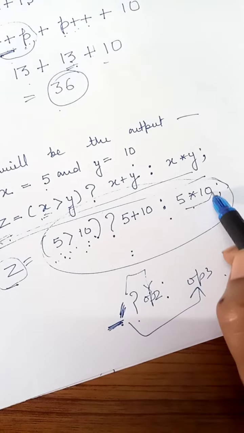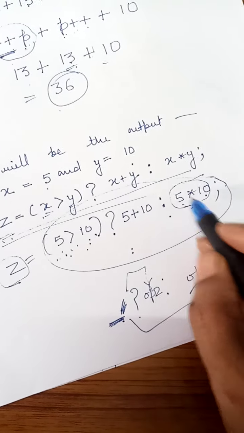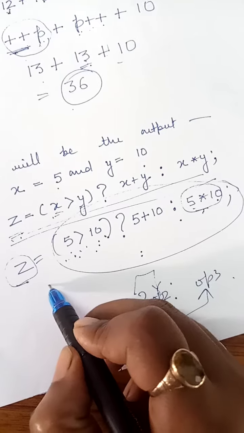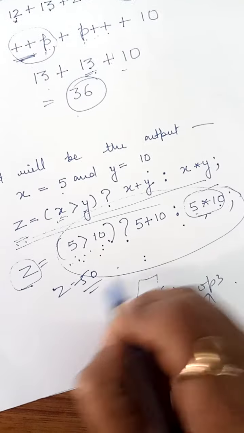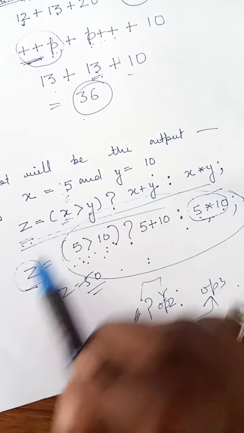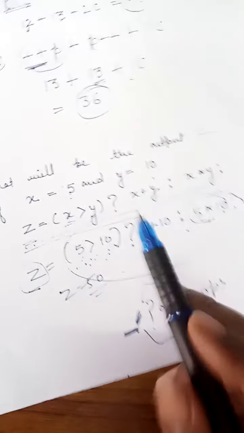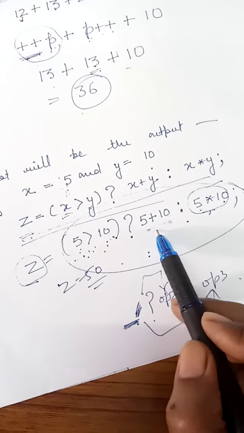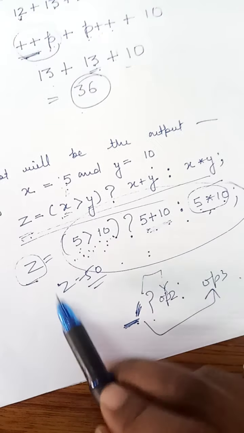Then the output is 5 into 10, which means 50. So 50 will be stored in z. Now suppose I make this 5 into 15. Is 15 greater than 10? Yes. Then if the condition is true, this will be the answer, 15.